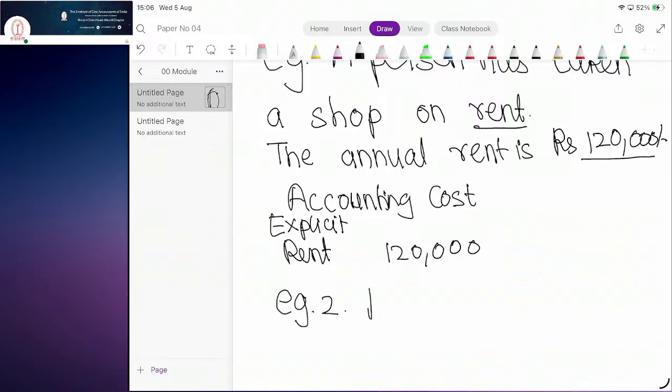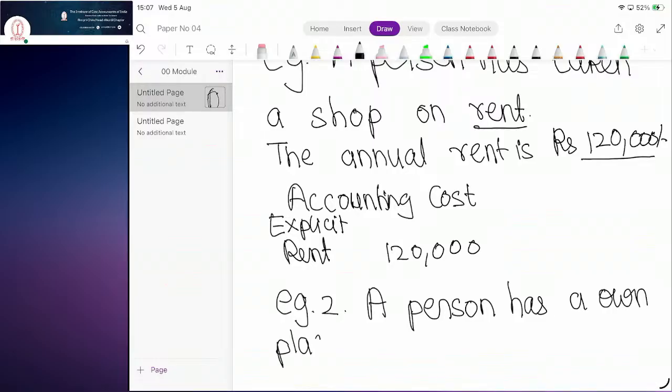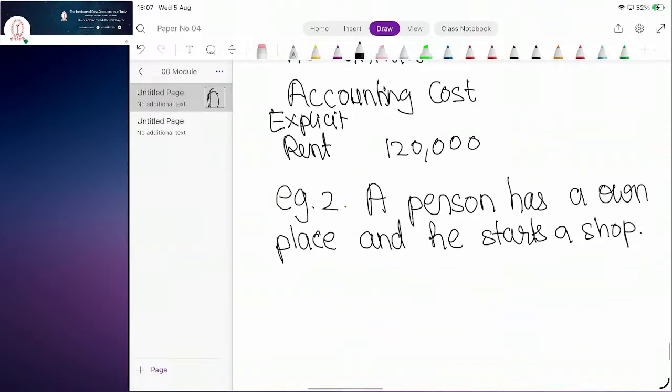A person has his own place, or he owns a shop, owns a place, and he starts a shop there. Now देखो, this person is a landowner, बराबर?